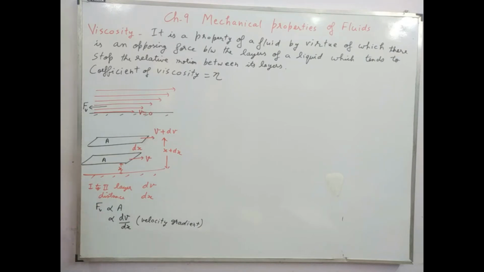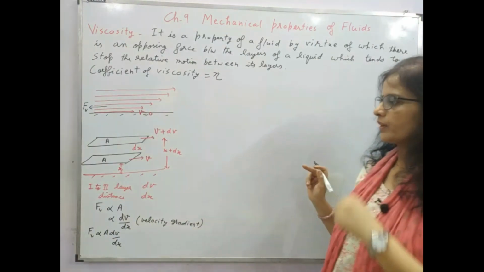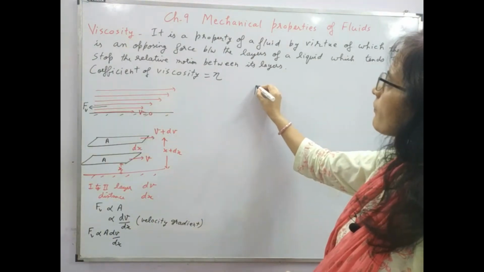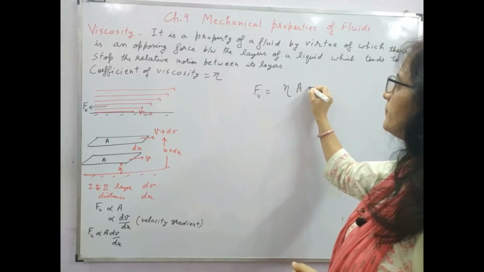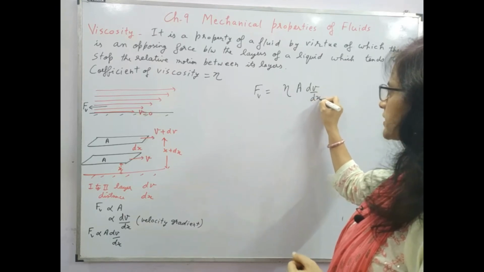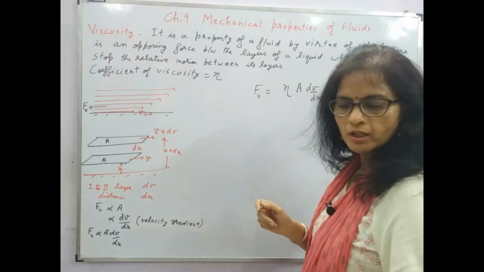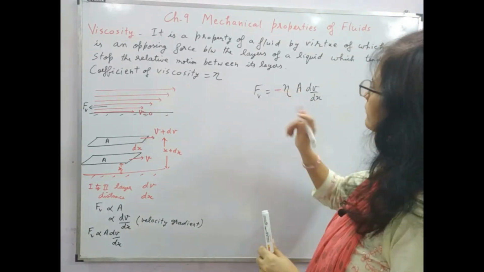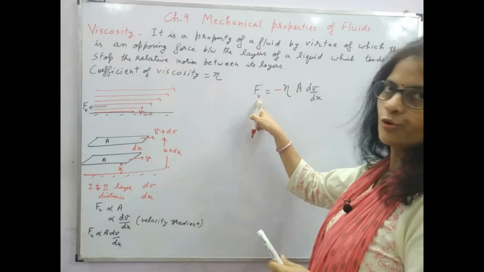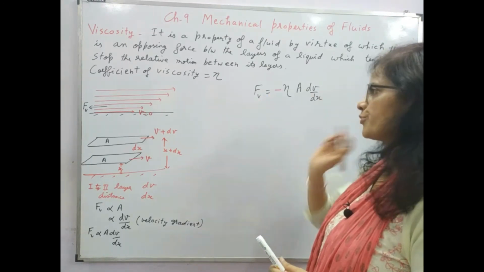So if we combine these two, we get Fv is proportional to A dV by dx, and if we remove the proportionality sign, we get Fv is equal to eta A dV by dx. But here we need to put a minus sign, which shows that this viscous force is an opposing force.